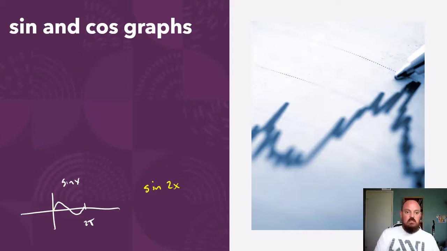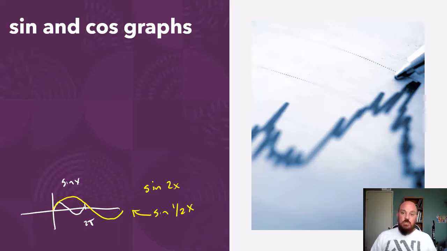It's going to go like this. But that would be wrong. That actually ended up being sine of 1/2 x. Sine of 2x made it shorter. Sine of 2x made the whole thing fit in half the graph.